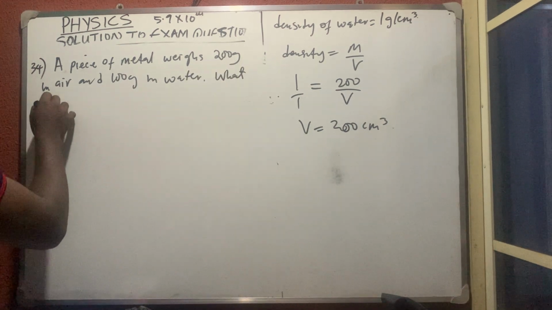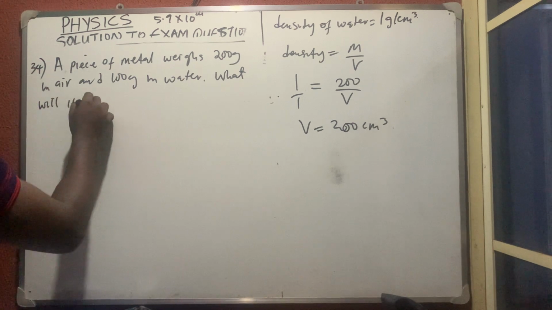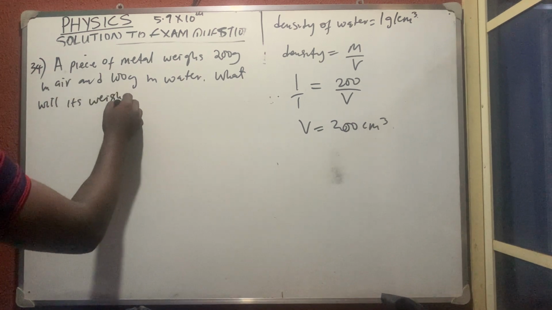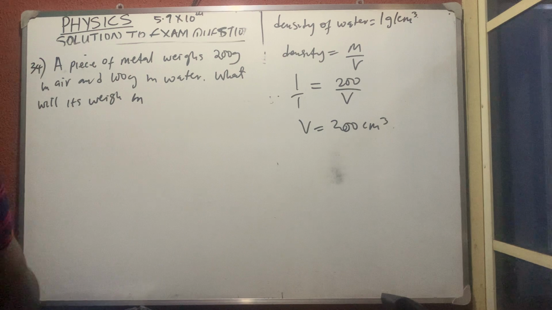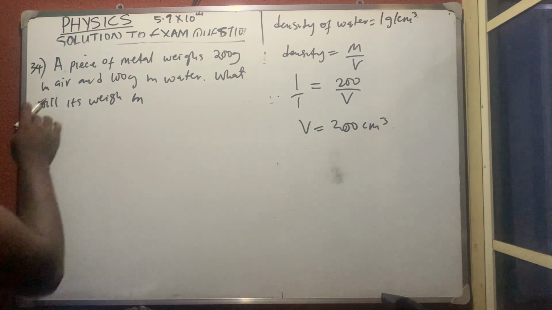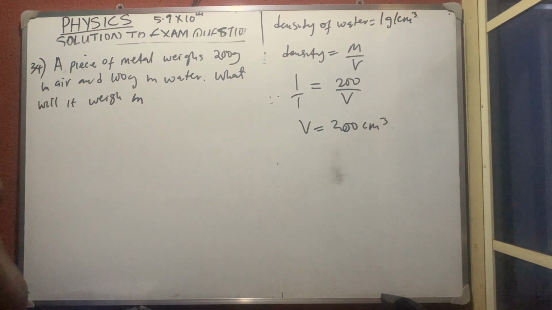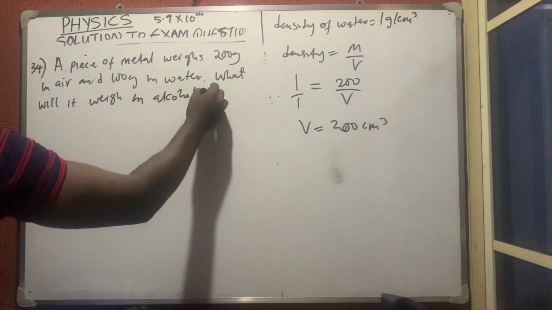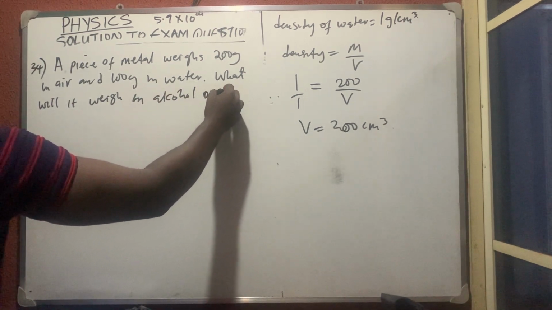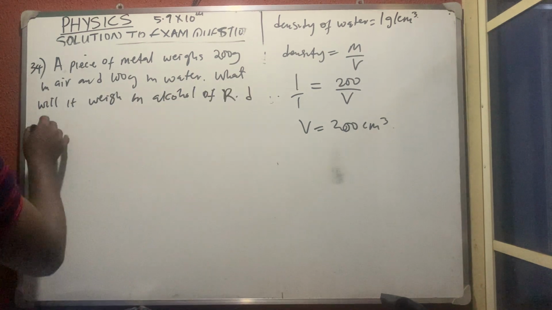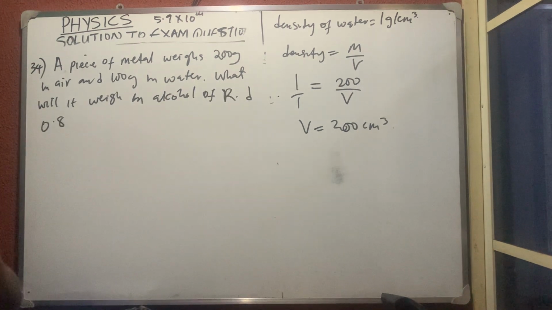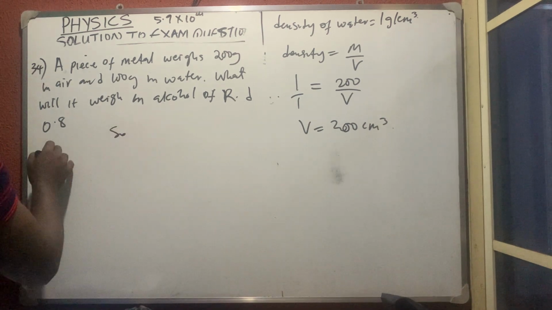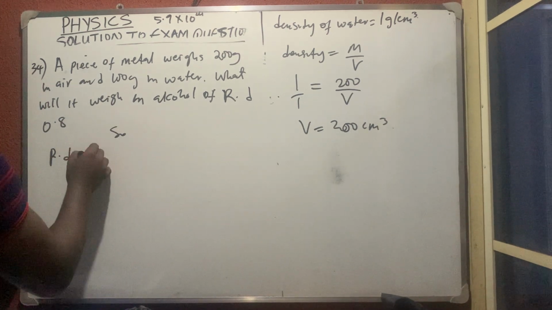What will its weight be in alcohol of relative density 0.8? Okay, so solution, you know that relative density is equal to what?